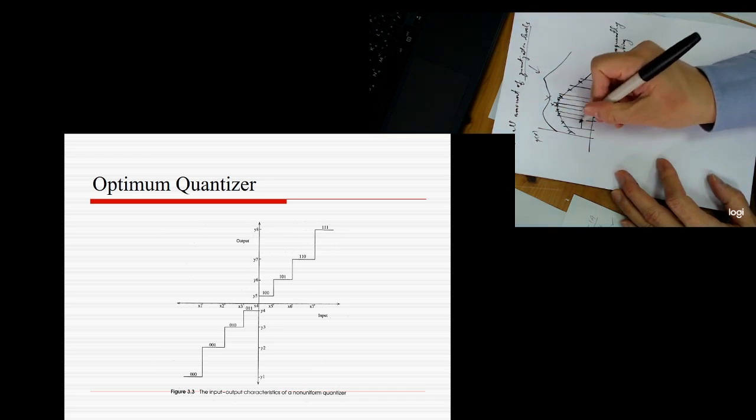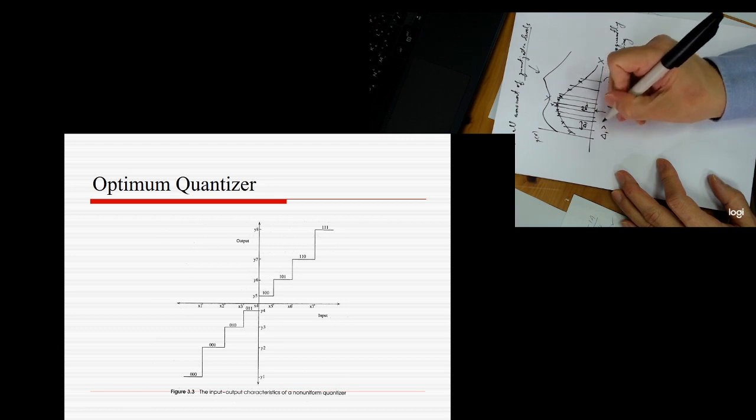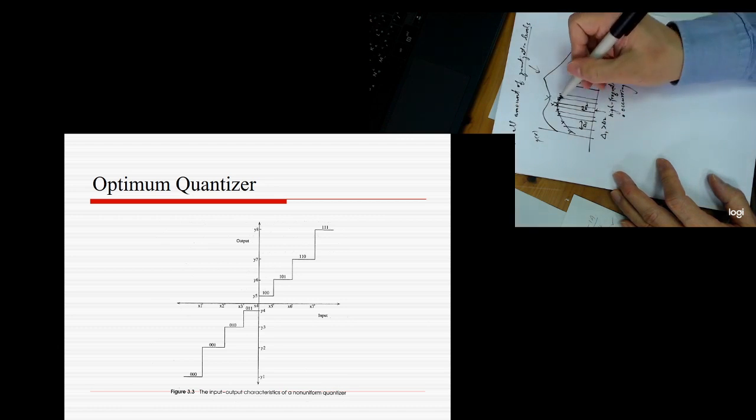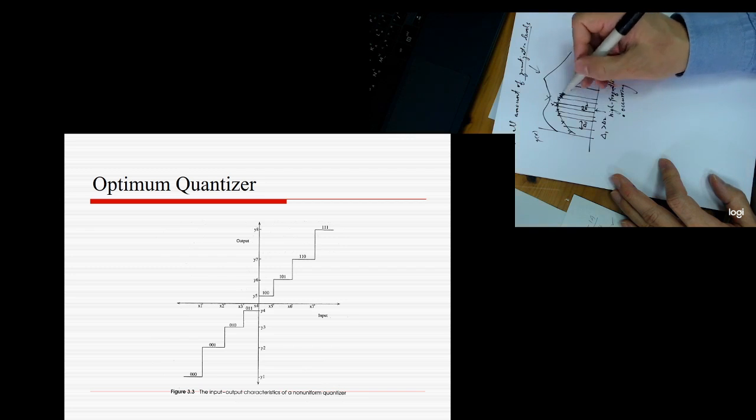You can see step size delta 1 is bigger than delta 2, because the signal in this region comes out more frequently. In the region where the signal comes out infrequently, we use fewer levels. So we can use more quantization levels in the frequent region to make the data loss lower.